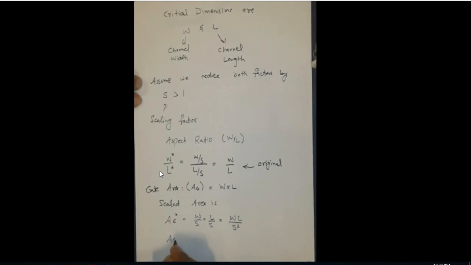Simplifying in terms of AG, this is AG divided by S square. So the whole area of the MOSFET reduces significantly.